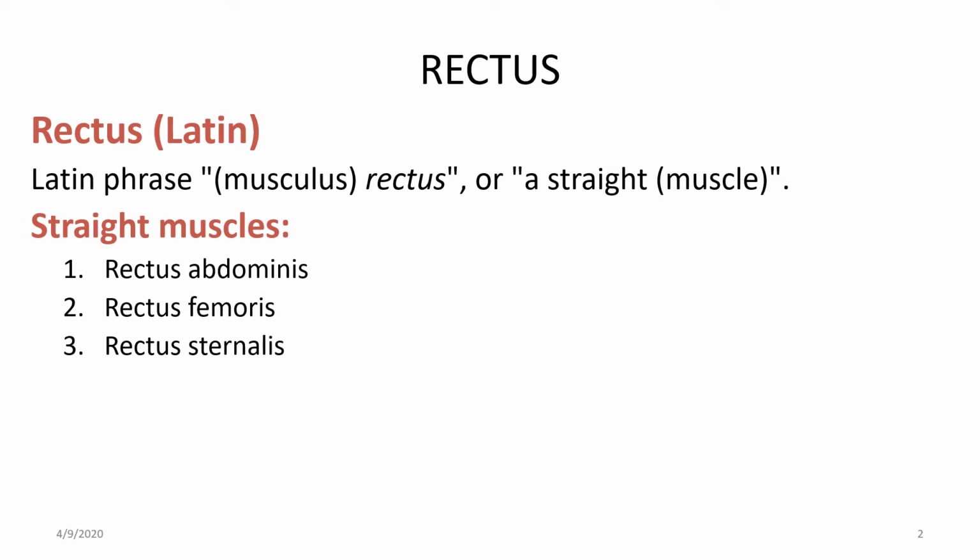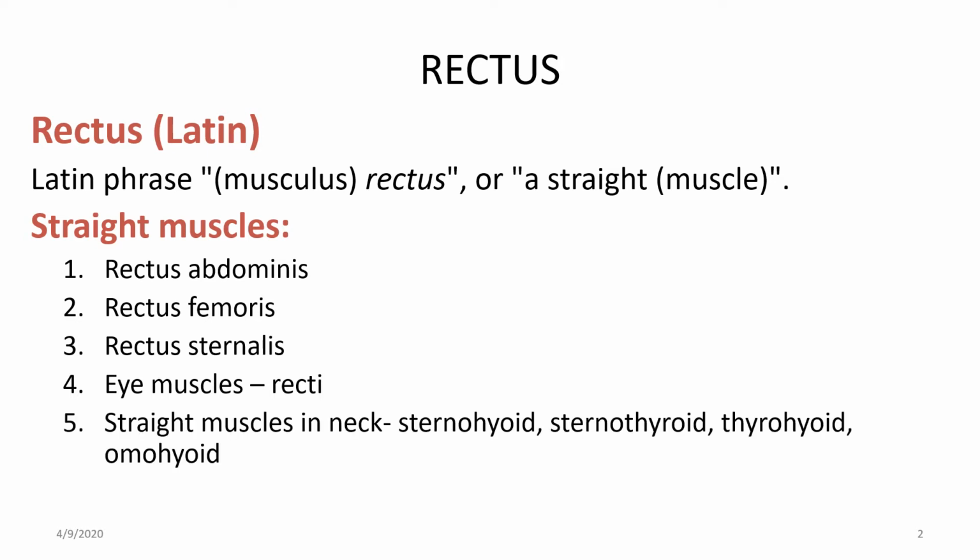Then the rectus sternalis, in relation with the sternum, you will see the rectus sternalis muscle. Then there are four recti muscles in relation with the eye. They are called the extraocular muscles of the eyeball, and they are the superior and inferior rectus, medial rectus, and lateral rectus.